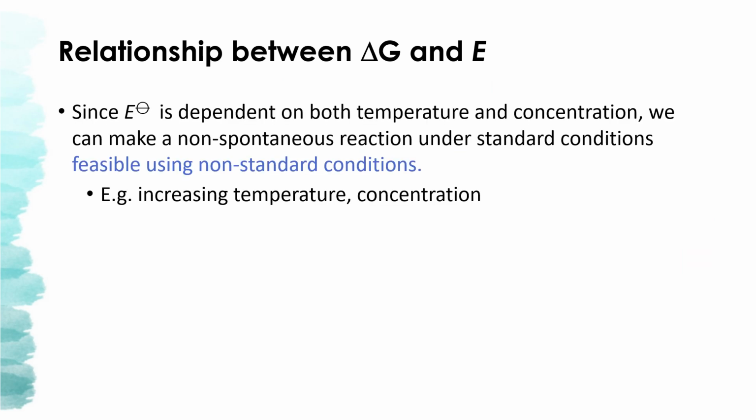So the E naught cell, remember this superscript I was talking about? This one represents standard conditions. So the voltage of a galvanic cell or a battery will change if you change the conditions like pressure and temperature.